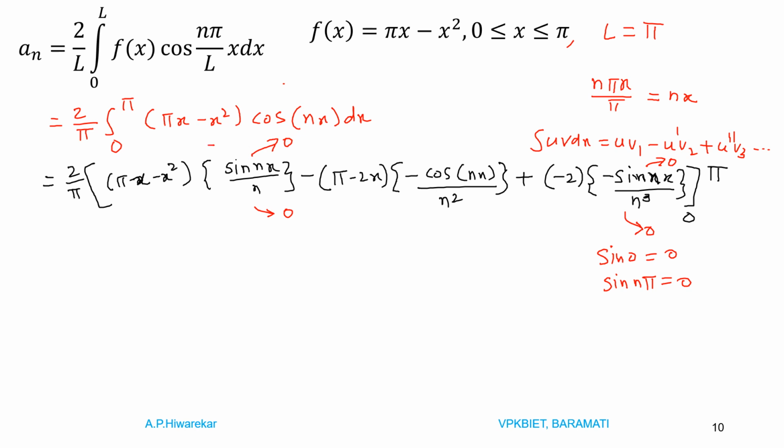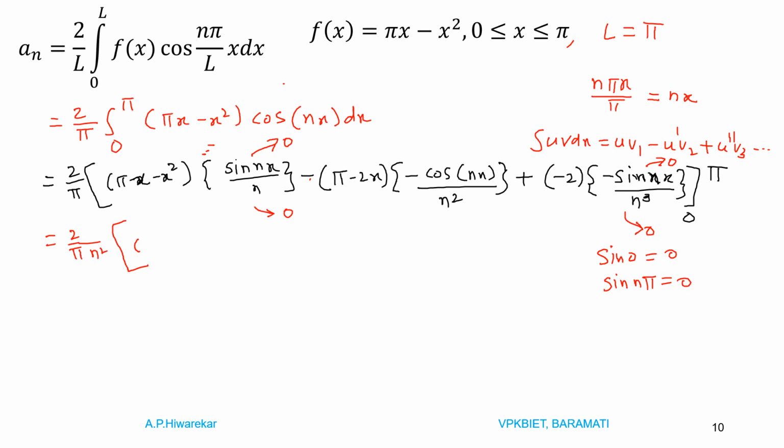So for that, it is 2 by pi. First we will see the sign of this term. Minus of minus is plus. So 2 by pi n square, I will take it common outside. Then apply the upper limit, meaning x is pi.